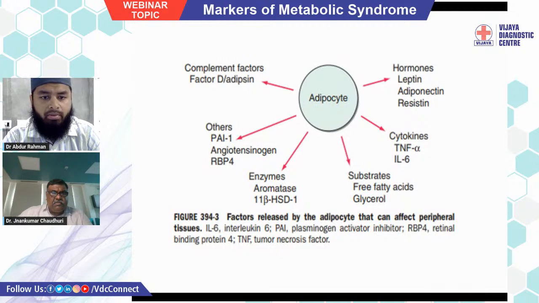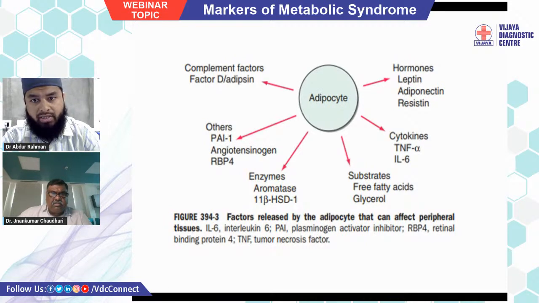Leptin has the capability of metabolizing glucose independent of insulin action, and leptin also modulates the secretion of insulin. But in a very high condition of obesity, leptin cannot modulate. Leptin loses the capability of acting on its receptor, so there is leptin resistance as well.